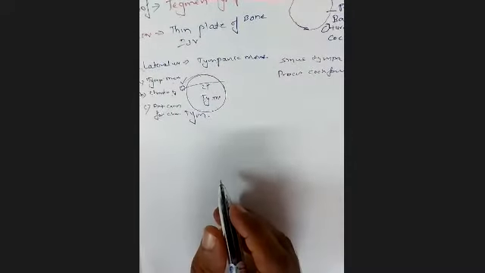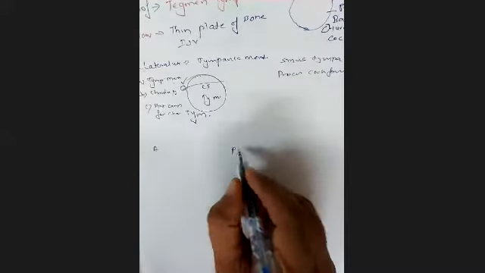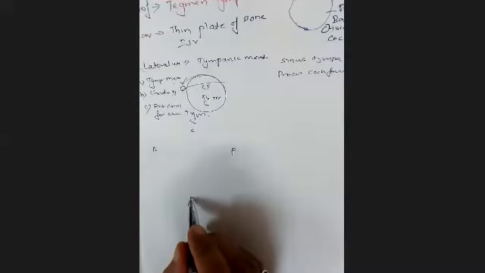Now, to explain the anterior and posterior wall, I will have to draw another diagram where there will be anterior and posterior and superior and inferior.